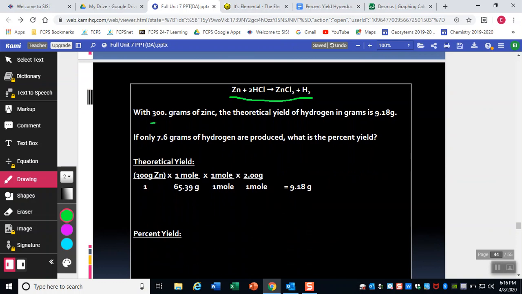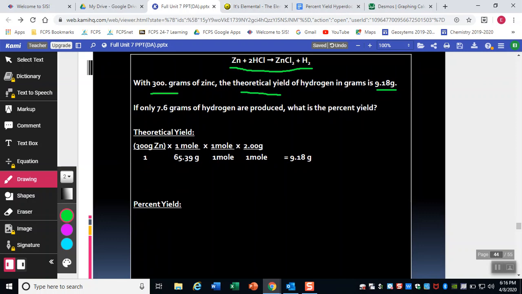Here it says if you have 300 grams of zinc, the theoretical yield would be 9.18, and that's really nice. So they already told you that. If I want to find the percent yield, I would just take the amount produced, which was my actual yield, 7.6 grams, divided by the theoretical yield.